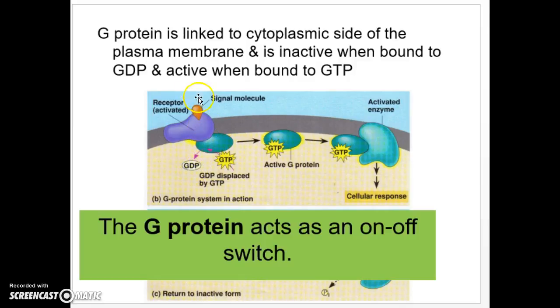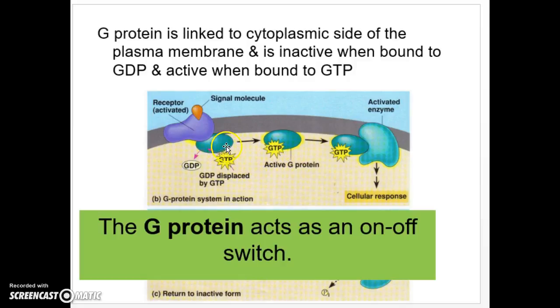But what happens when a ligand is attached to the receptor, that changes the conformational shape of this receptor protein, which then allows the G protein to change shape. And in doing so, it actually goes through a phosphorylation and becomes GTP. And then at that point, that GTP makes it an active G protein.